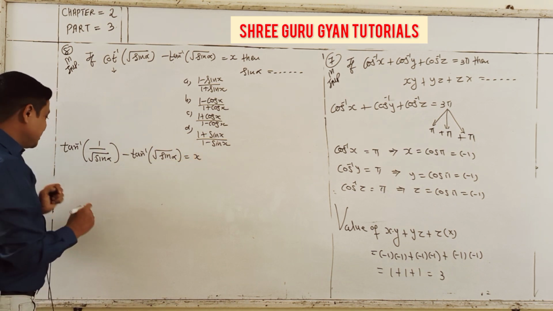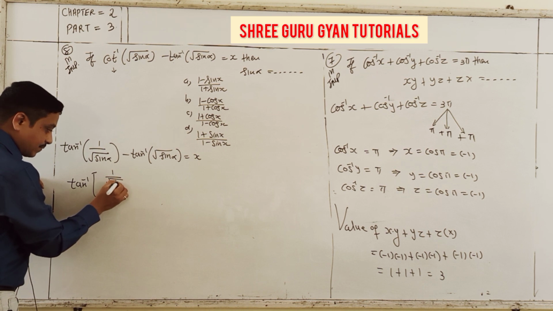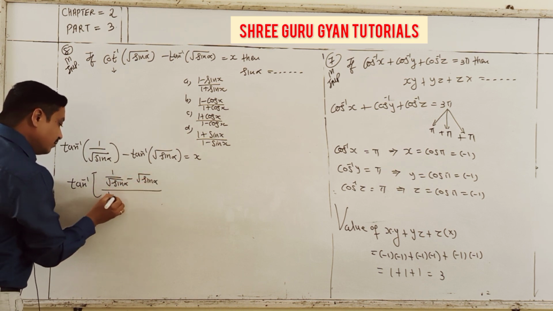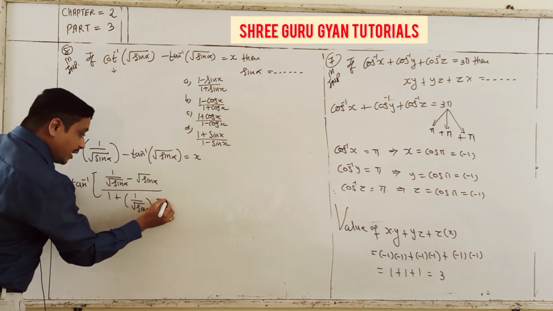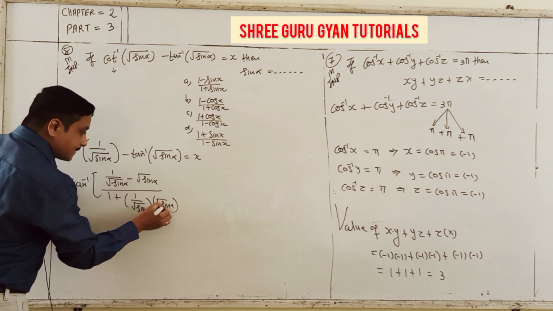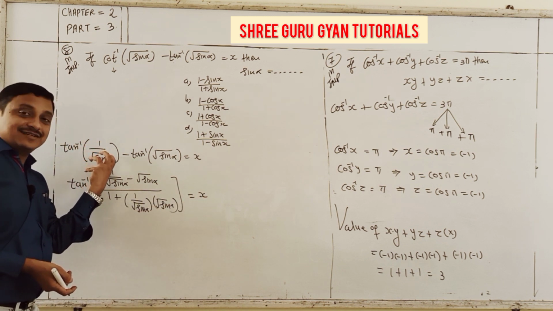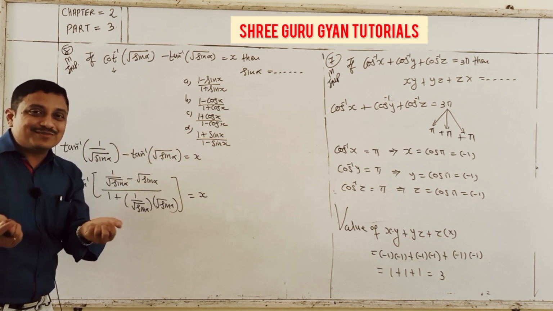Now the property is known: tan inverse x minus tan inverse y is tan inverse of x minus y upon 1 plus xy. Here x is as it is. This is your x, consider that as the y, and it is x minus y upon 1 plus xy.